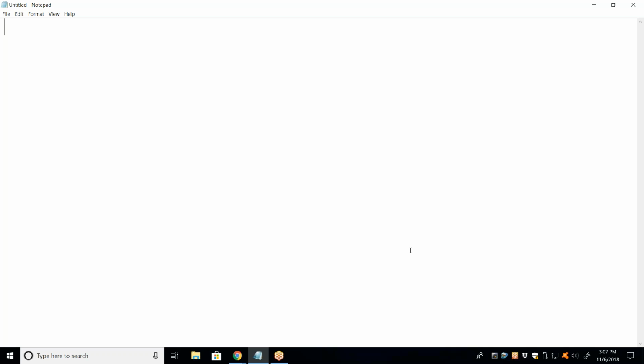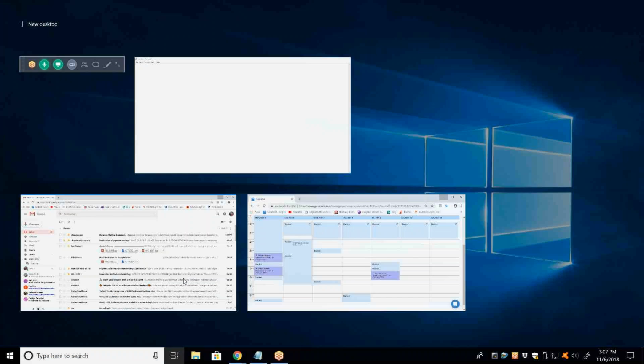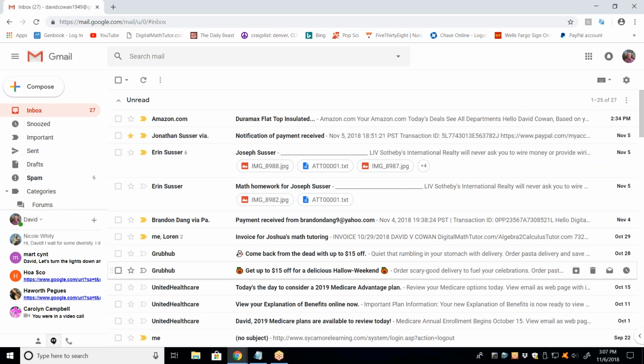So it's C-O-W-A-N 1949 at gmail.com. Try large. I know large works. I'm pretty sure actual size works also. The only thing I know for sure is that small size does not work.